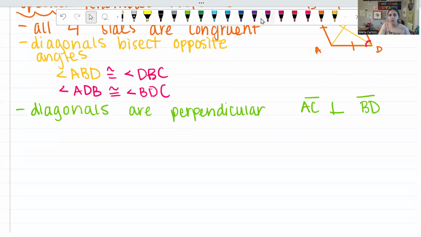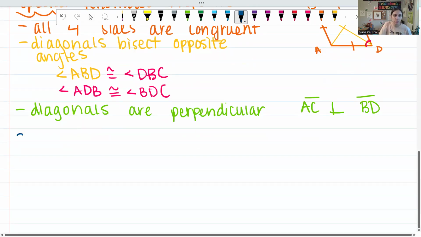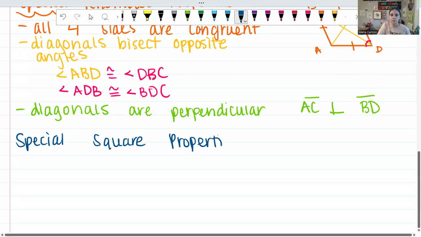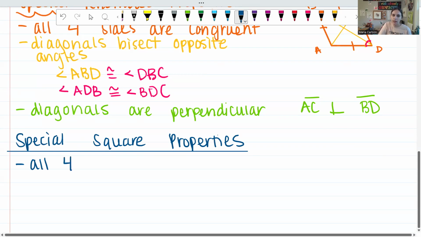And then remember that a square is just a rhombus and rectangle combined. Special square properties. So in our squares, all four angles measure 90 degrees because they are all right angles.